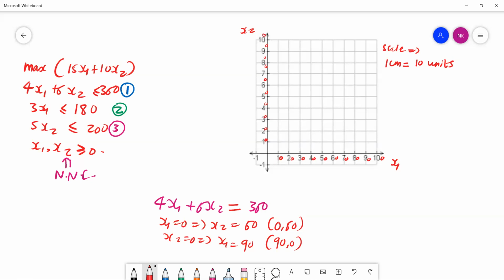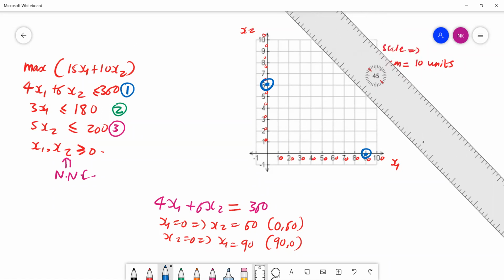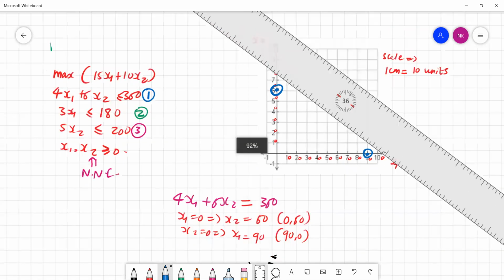Now, I will be simply noting down these points. I would consider the first constraint in blue, so I will be drawing the first line with blue. So it's (0, 60), over here, and (90, 0), over here. To draw the line we require 2 points, so let me just draw the line.